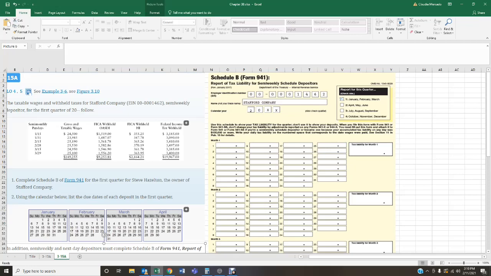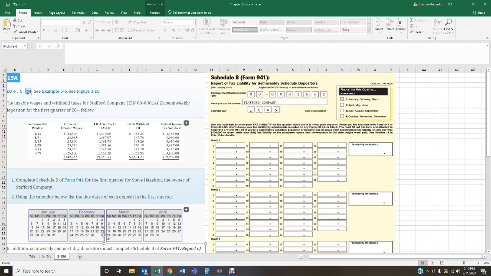We're going to enter the taxes that we're responsible to pay, which are the FICA OASDI withheld from the employees, the HI withheld from the employees, the OASDI that the employer is responsible for, the HI that the employer is responsible for, and then the federal income tax withheld. So there are 5 things that we are incorporating into this calculation.